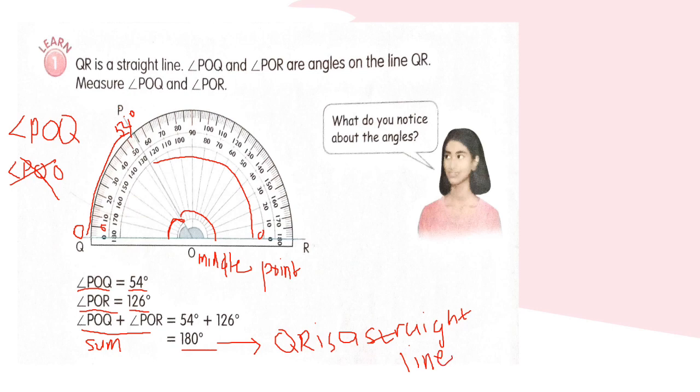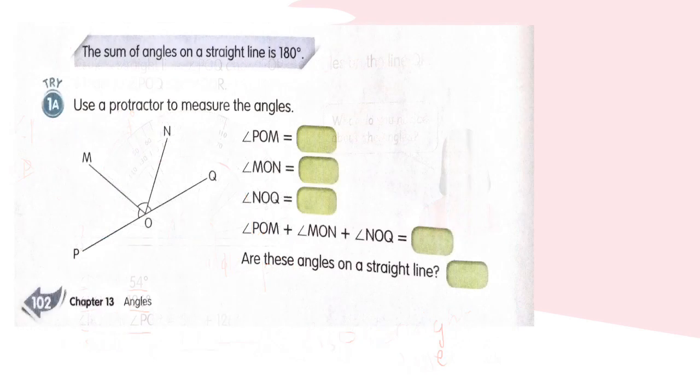Okay, next, here the sum of angles on a straight line is exactly 180 degrees. You must remember this.